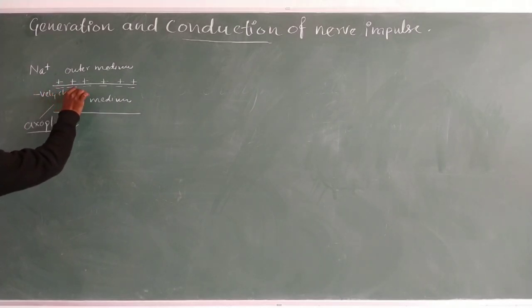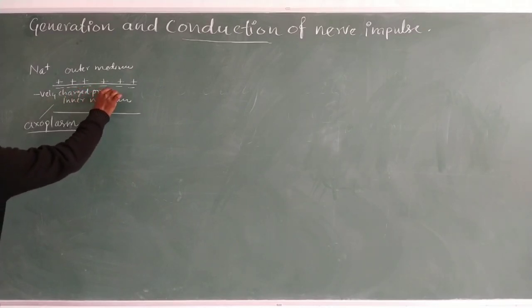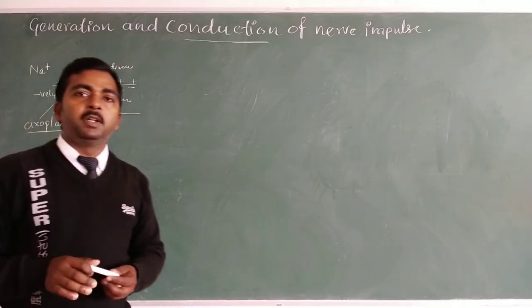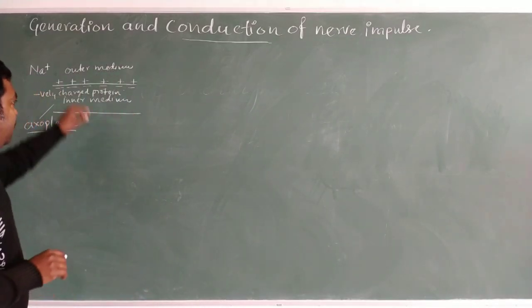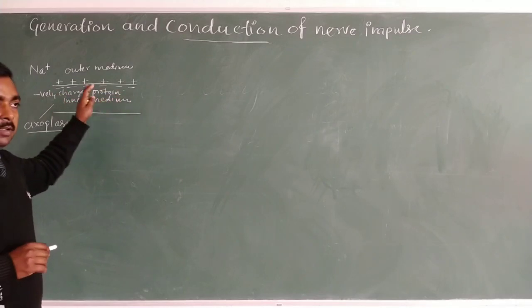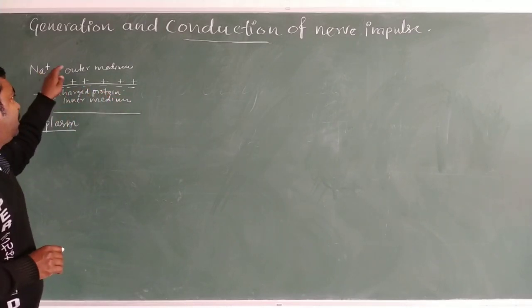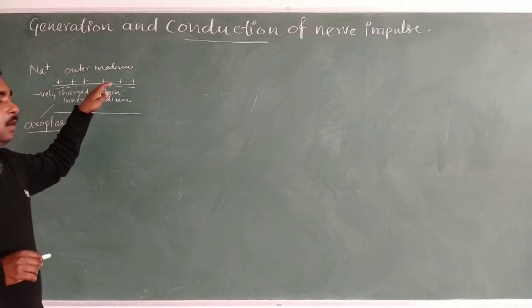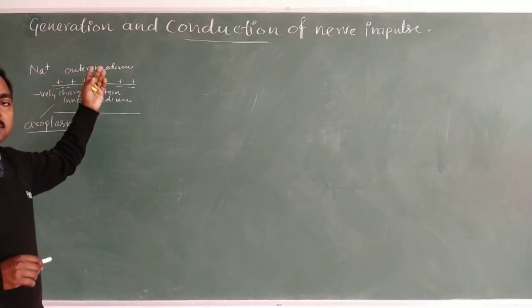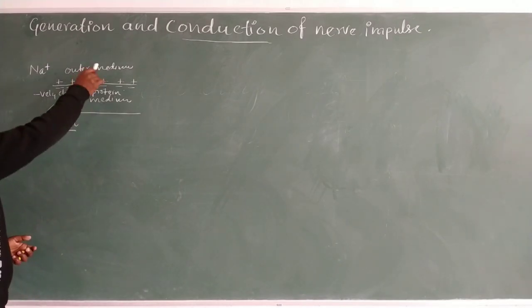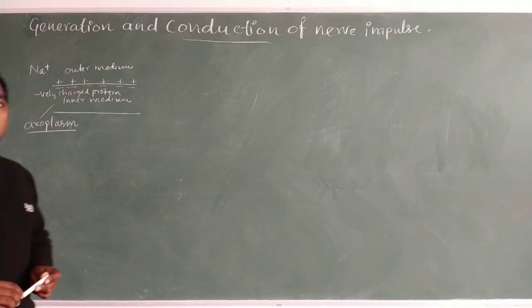Due to the large number of negatively charged proteins, the cytoplasm is negatively charged, while the sodium ion is impermeable through the plasma membrane, which results in sodium ions remaining in the outer medium.